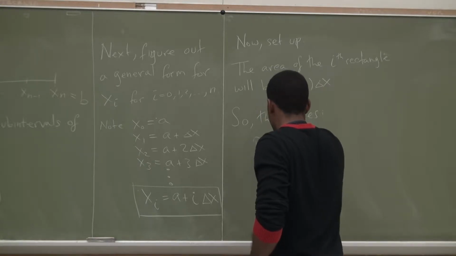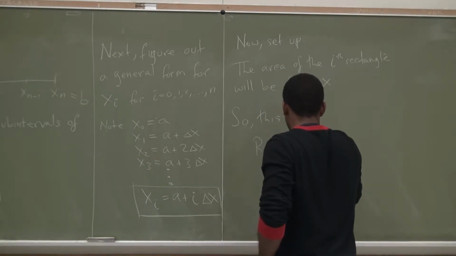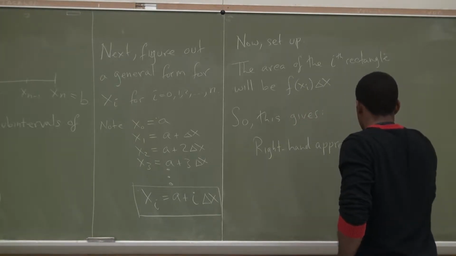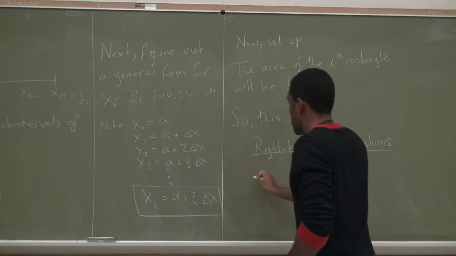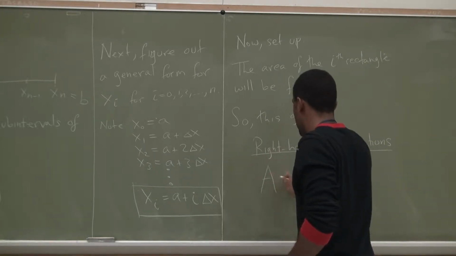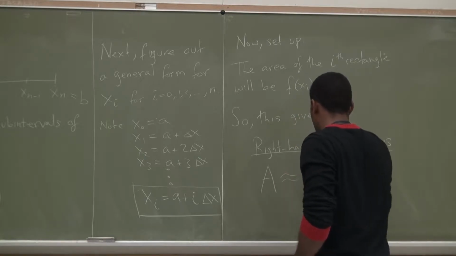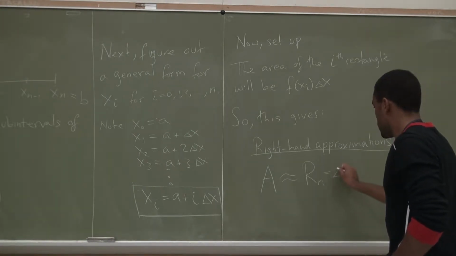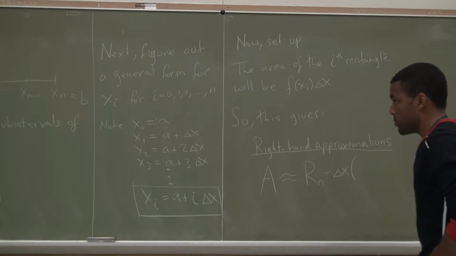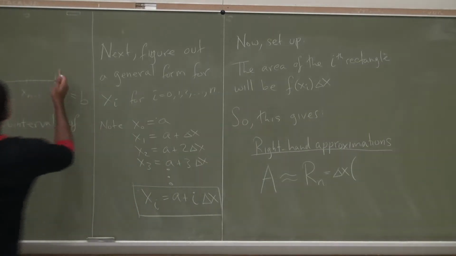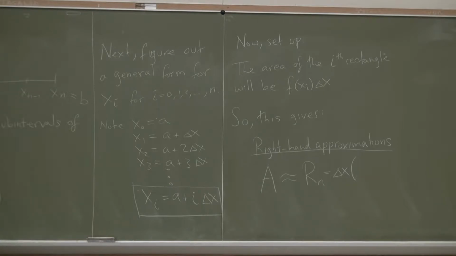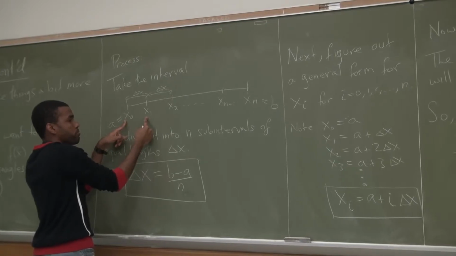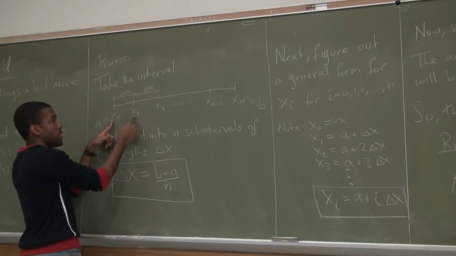If you're using right-hand approximations, then your area is approximately equal to Rn. R just stands for right hand, which is going to be delta x times, now if you're taking the right-hand endpoints, who are the points you plug into your function? In the first subinterval, you plug in x1.